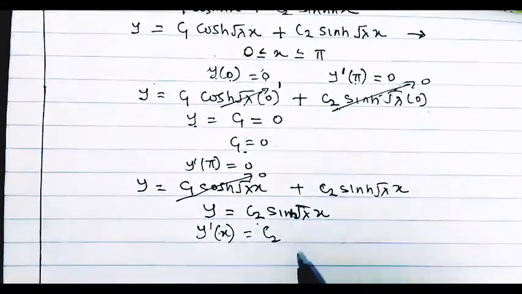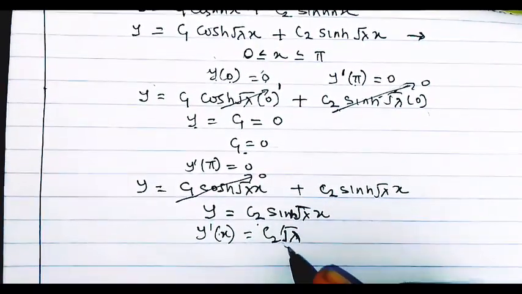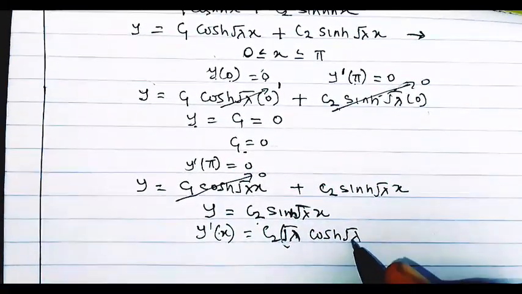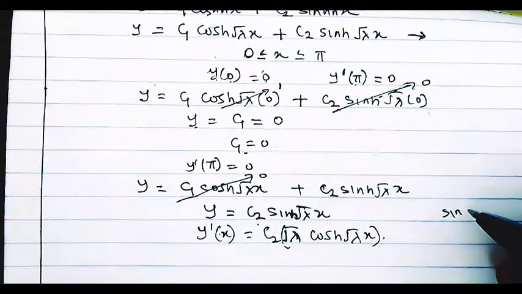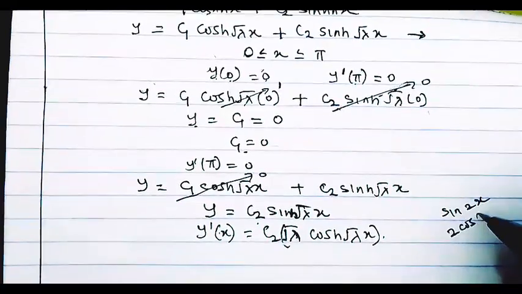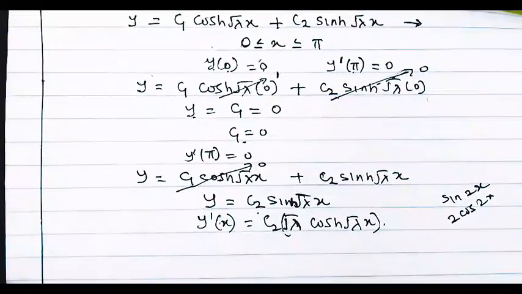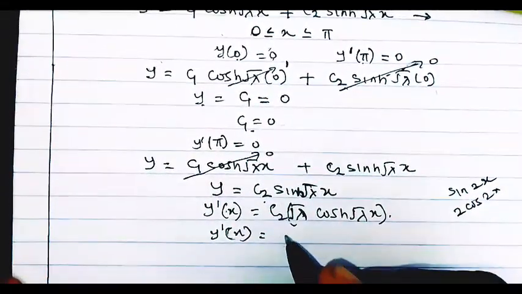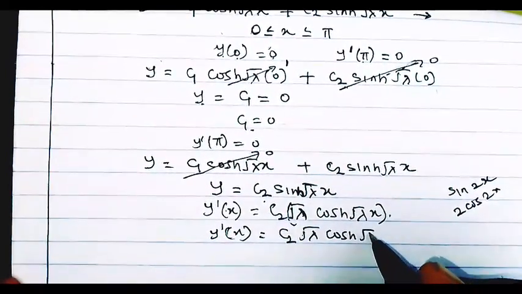So differentiating sine root lambda x, root lambda comes to the back, then cos of root lambda x. This is just like saying differentiate sine 2x. If I differentiate sine 2x, this is 2 cos 2x, so 2 comes to the back. That's exactly what I did there. So we have y prime of x equal to c2 root lambda cos root lambda x.